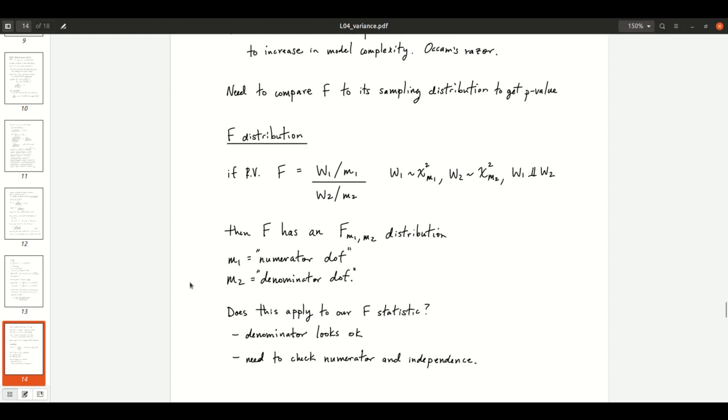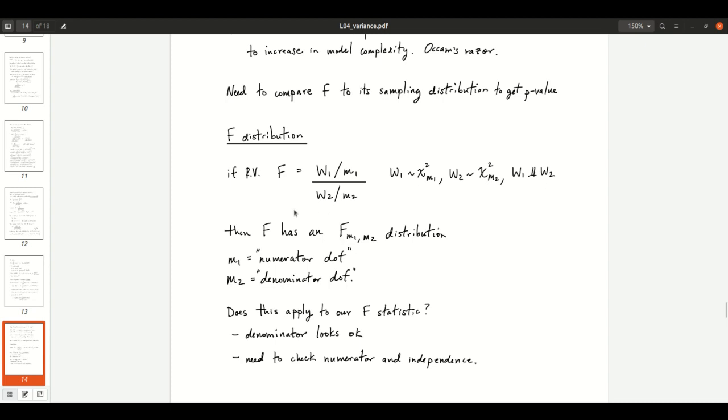Okay, so what is the F distribution? If we construct a random variable in the following way, we do W1 divided by M1, where W1 has a chi-square distribution with M1 degrees of freedom. And we divide that by W2 divided by M2, where W2 is a different chi-squared with M2 degrees of freedom, and the two chi-squares are independent.